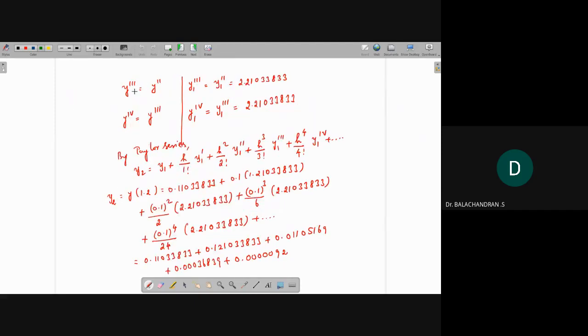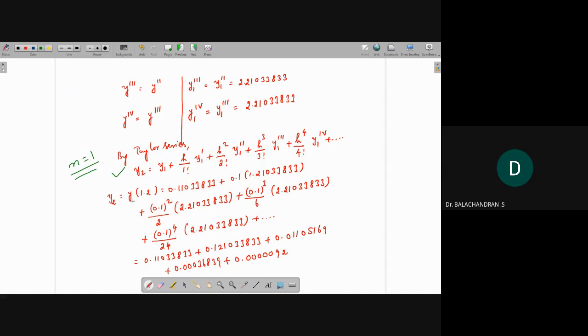Okay, so y triple dash is equal to y double dash. I think you can easily do up to this level. Even in the next, you need to substitute n equal to 1 in the given formula. So you'll get y2 equal to y1 plus h by 1 factorial into y1 dash and so on.